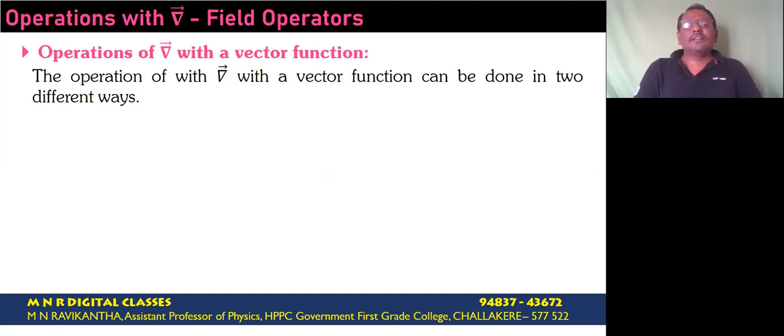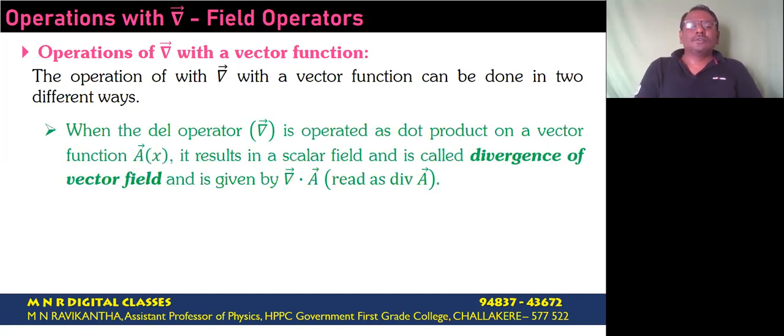Now let us understand the operations of del with vector quantities or vector point functions. The operation of del with a vector point function can be done in two different ways. The first one is when the del operator is operated as a dot product with a vector function, say a bar.